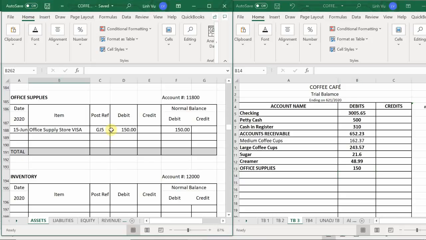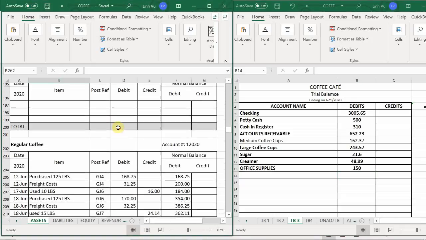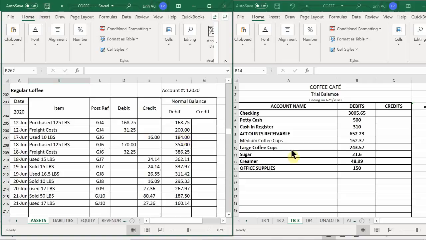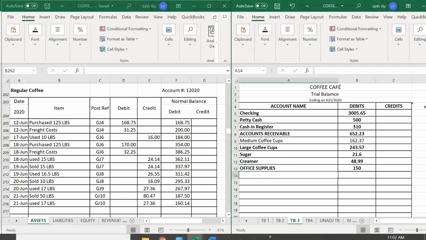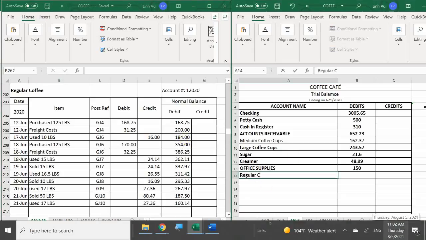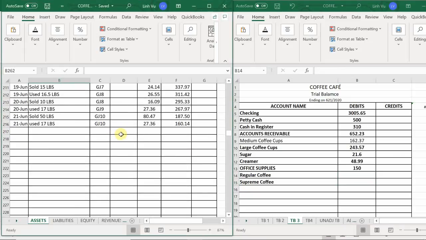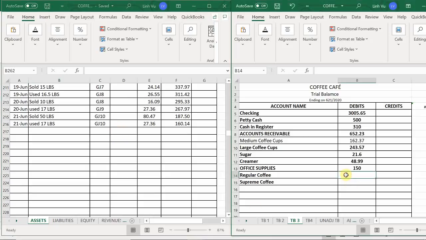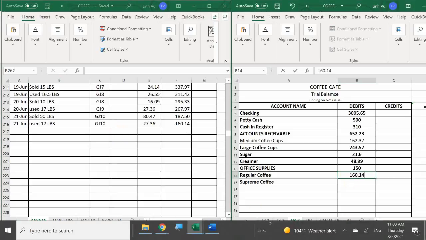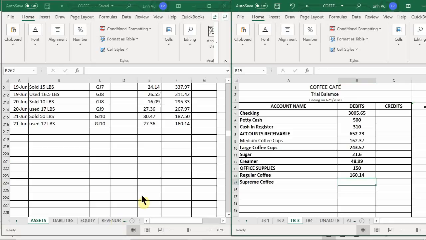Next is inventory, which we know to have regular coffee and supreme coffee. Start off with regular coffee. What's my coffee account balance right now for regular coffee? 160.14.